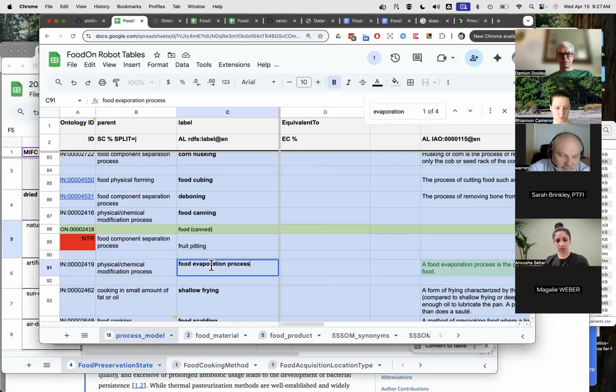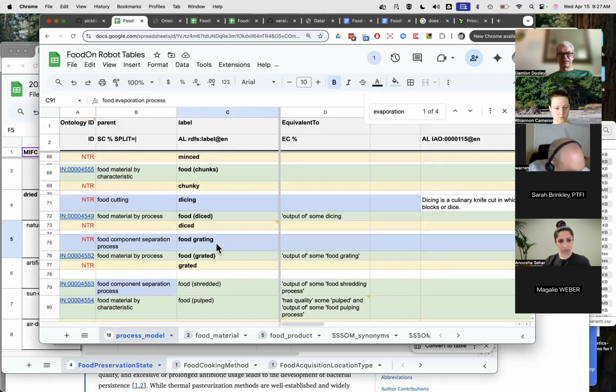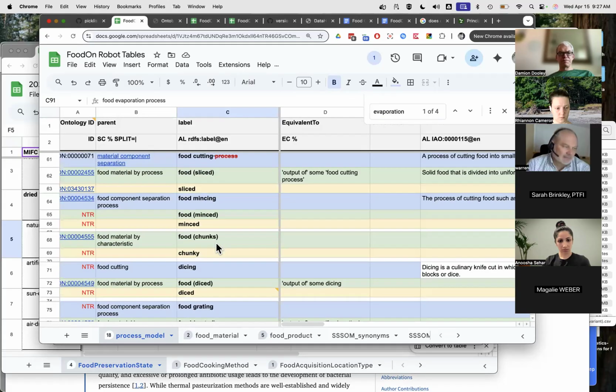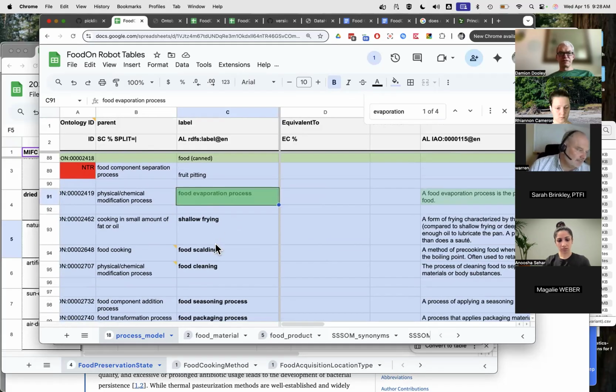Yes. But I think there is a difference between dehydration and drying, perhaps in the sense that drying is much more a planned process, I don't know. And dehydration is perhaps more the phenomenon.